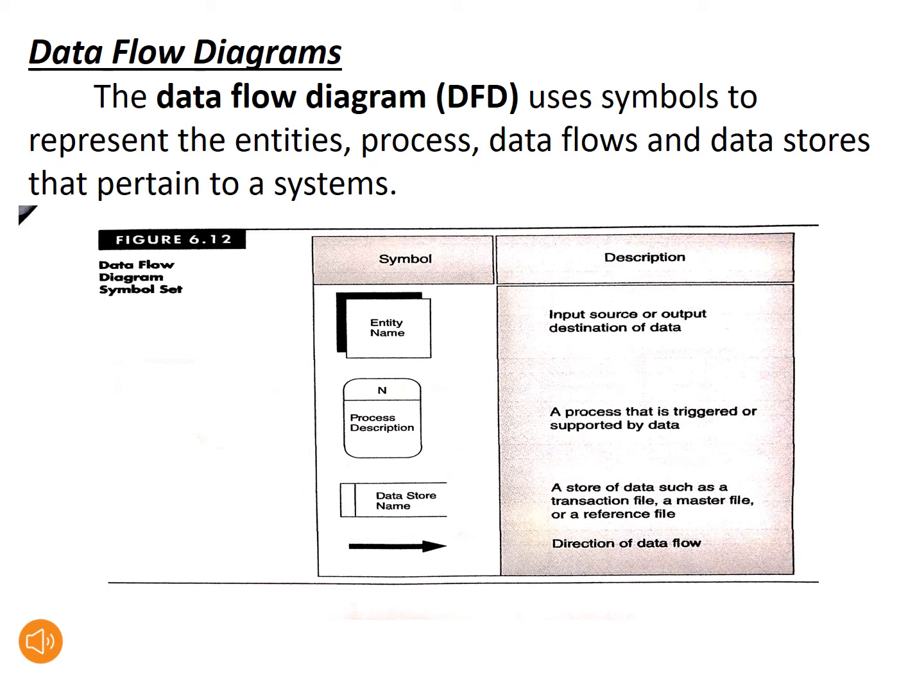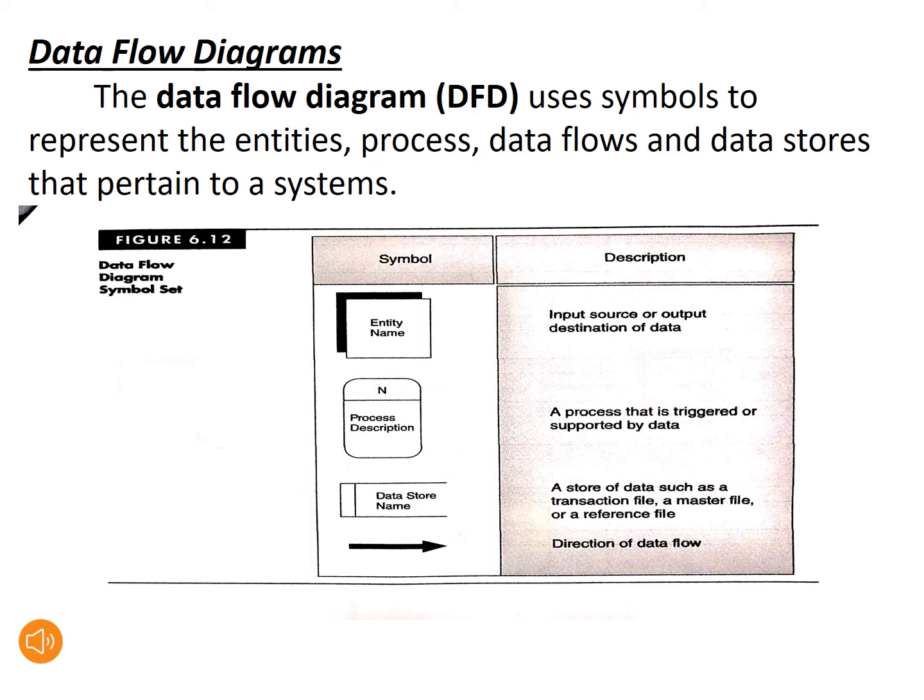First na box o symbol is tinatawag na external entity na represented as human, system, or subsystem o kaya customer. It is where certain data comes from or goes to. Yung description is input source or output destination of data.